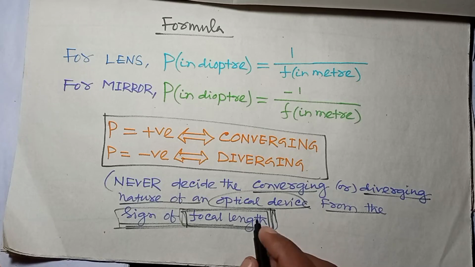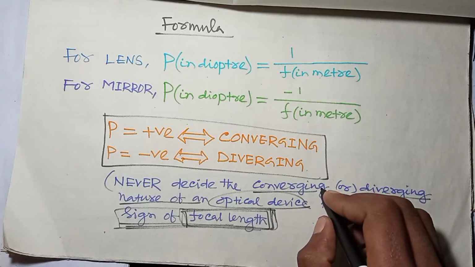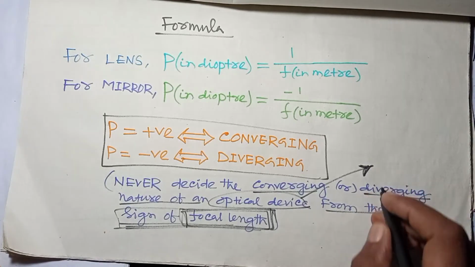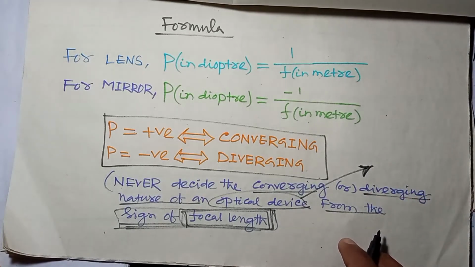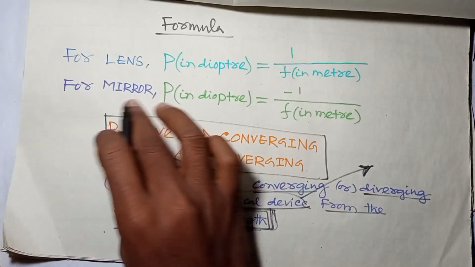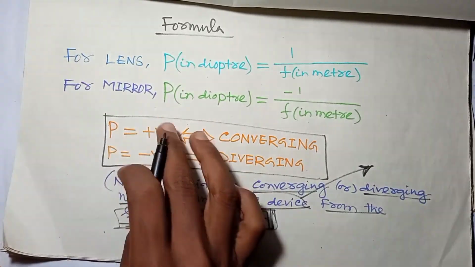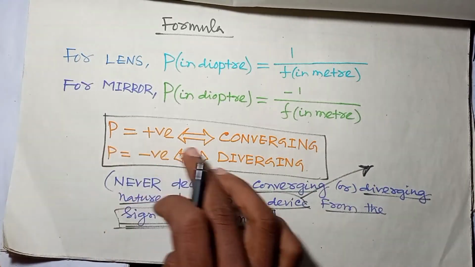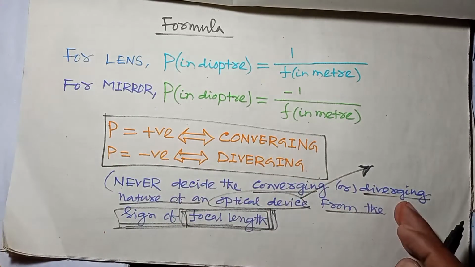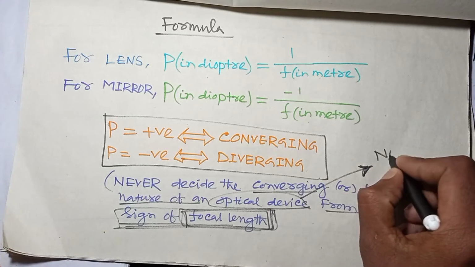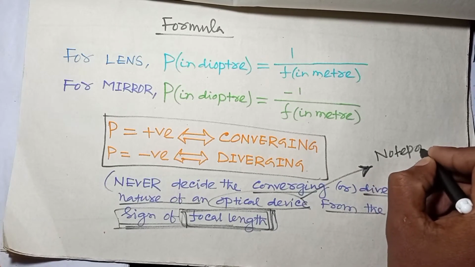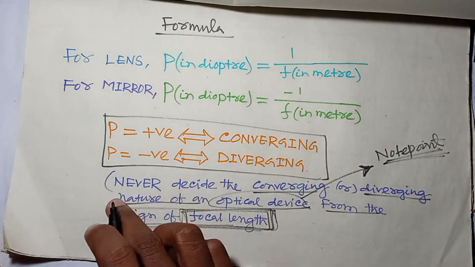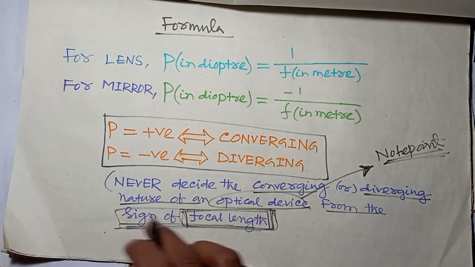But it is not correct. Always decide the converging or diverging nature of an optical instrument from the sign of the power. If the power is positive, then the device will be converging in nature. If the power is negative, then the device will be diverging in nature. Never decide it from the sign of focal length.